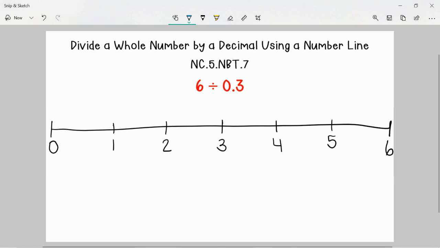And now, since I'm looking to make groups of 3/10, I could split each of these wholes into 10 equal parts. This way I'm splitting each whole into tenths.